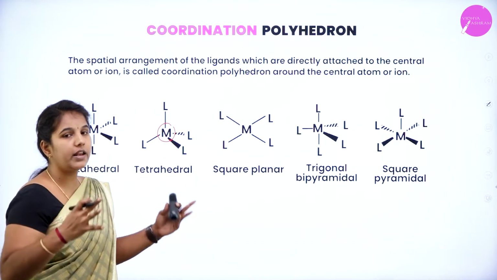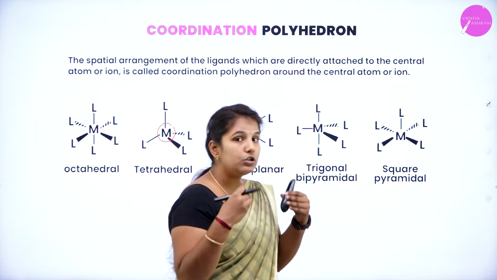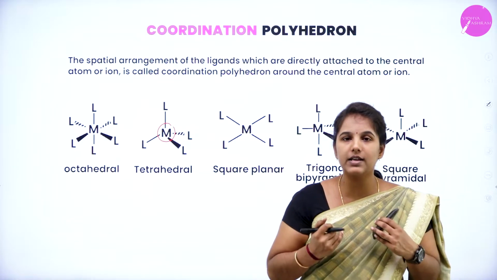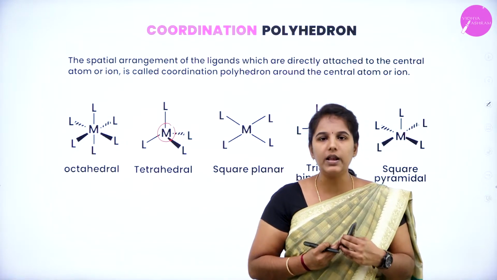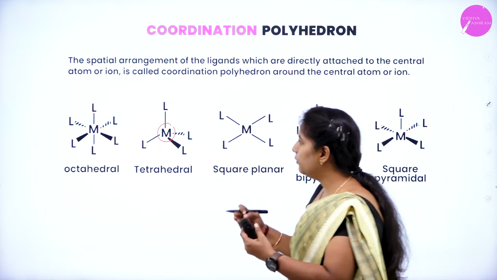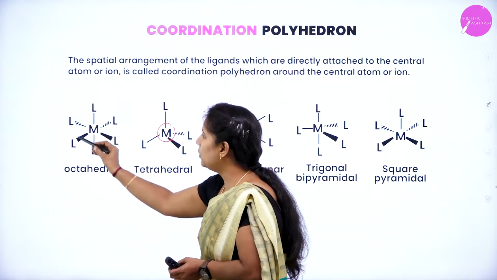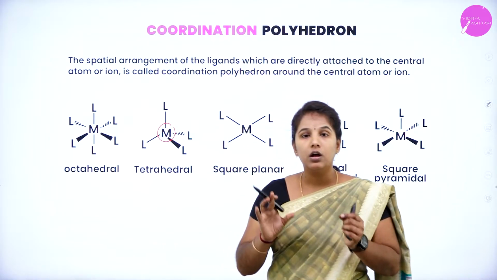This spatial arrangement of ligands around the central metal atom we call a coordination polyhedron. You can see that in the first example, there is one central metal atom surrounded by 6 ligands.